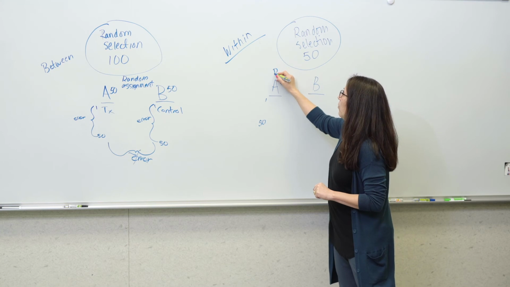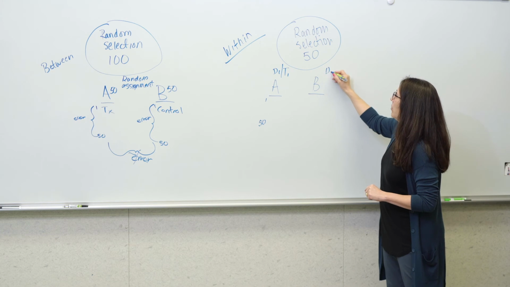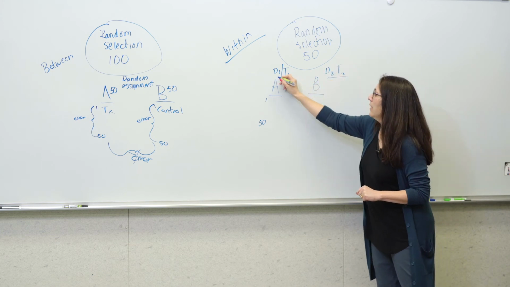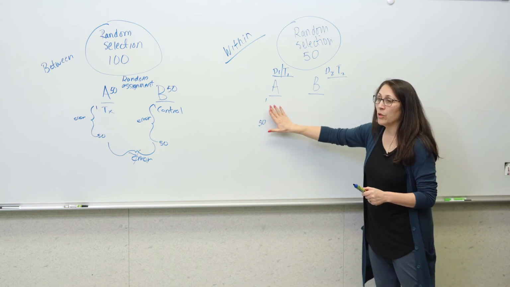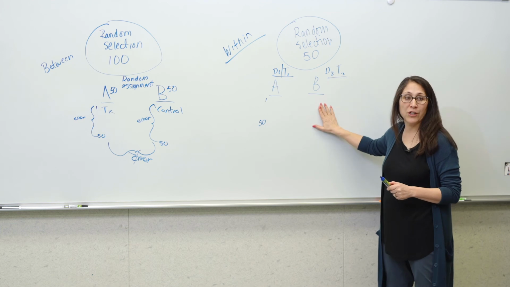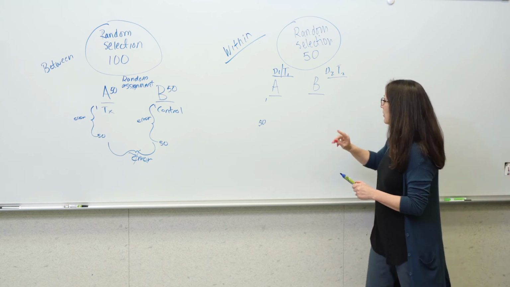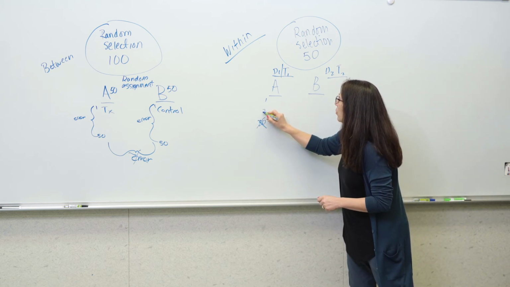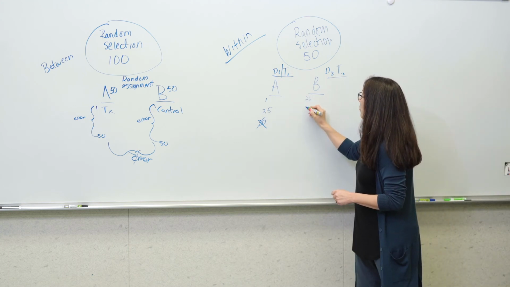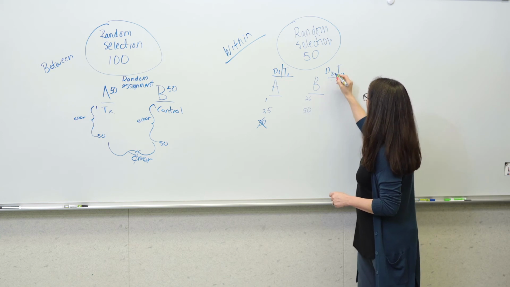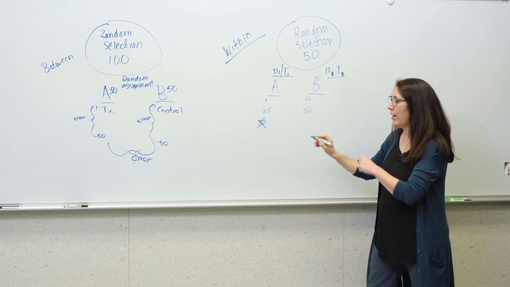But what we don't do when we do within subjects design is we don't have all 50 people do A on day 1 or time 1, and then do B on day 2, time 2, because that sets us up for concerns about internal validity. It may be just going in A causes the changes in going in B. So what we have to do with a within subjects design is we have 1 through 25, day 1, time 1, in A, and 26 through 50, day 1, T1, in B. And then we switch them around.